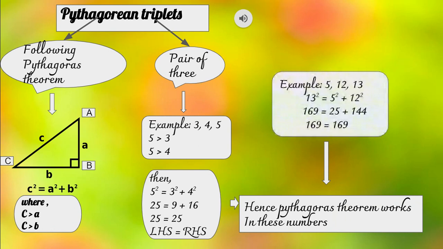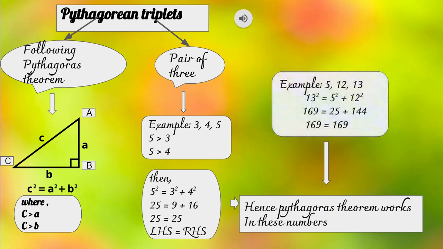So you find the sum of the squares of the other two numbers, 5 and 12. 5 square is 25, plus 12 square is 144. So 25 plus 144 is equal to 169.